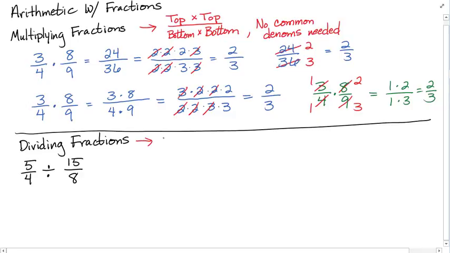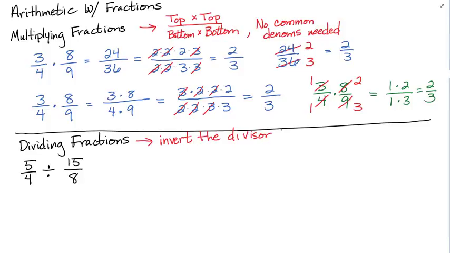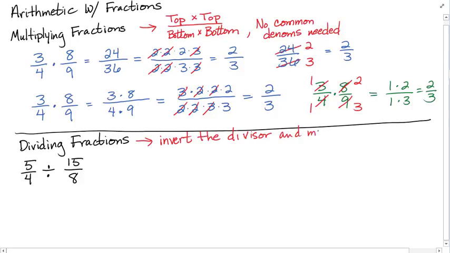Change to a multiplication problem, and the way we do that is we invert, we'll put this in real official language. Actually, invert the divisor. Okay, so the divisor is what we're dividing by. It's the second fraction. And multiply. That's the official version of the rule.